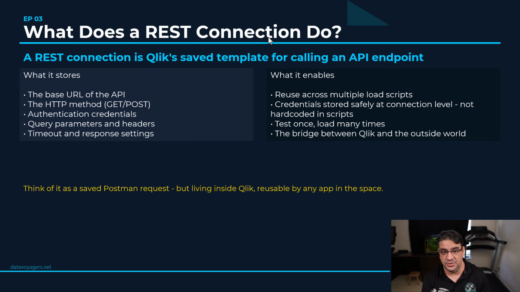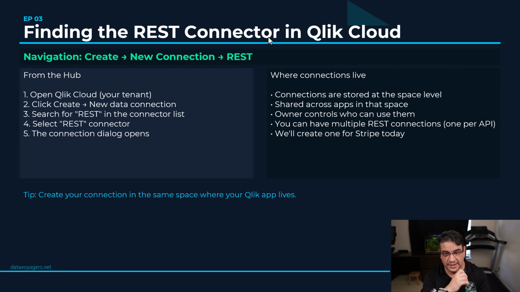So everything that you need to execute a REST API call, okay? So the data connection encapsulates everything in one single place, all right? Okay, so how can I create it, all right?